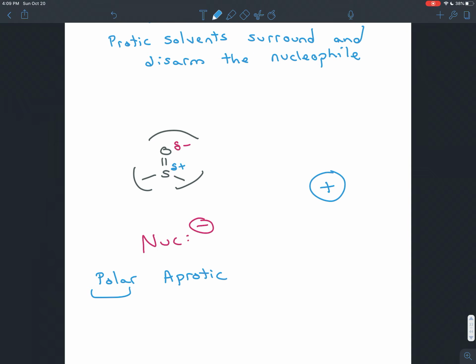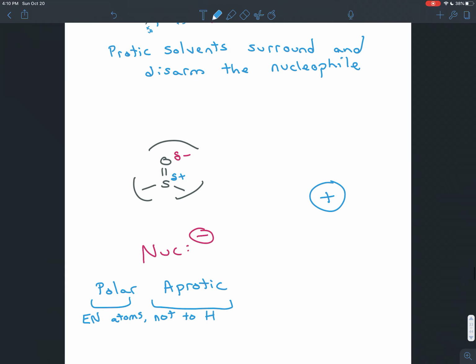You have poles, positive and negative poles on these bonds. Aprotic, though, the A there means not. For example, if something is not typical, it's atypical. That's not bonded to hydrogen. That's what the protic is referring to, hydrogen. So you still have electronegative atoms. They're just not bonded to hydrogen.